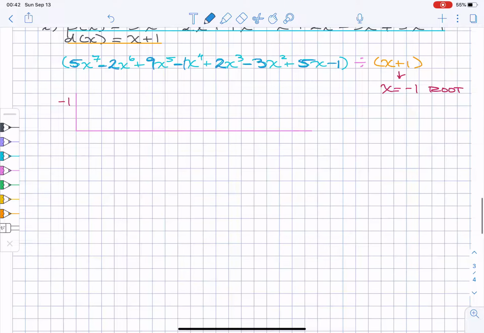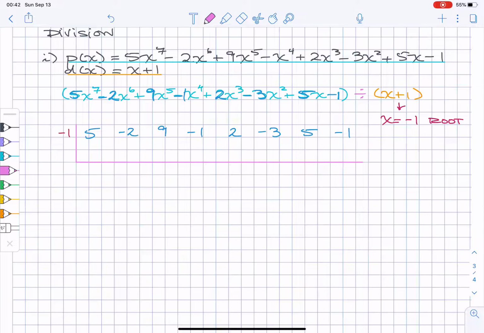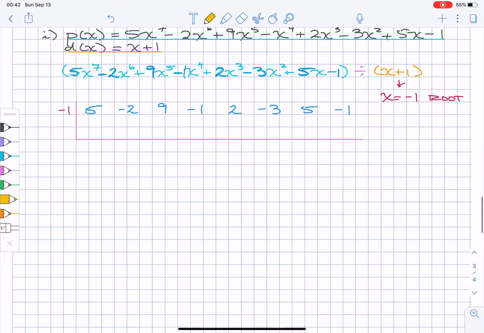And those appear to be 5, negative 2, 9, negative 1, 2, negative 3, 5, and negative 1. So we put the coefficients, meaning the numbers attached to all the powers of x, from highest power of x to lowest power of x. And the process of polynomial long division is as follows.